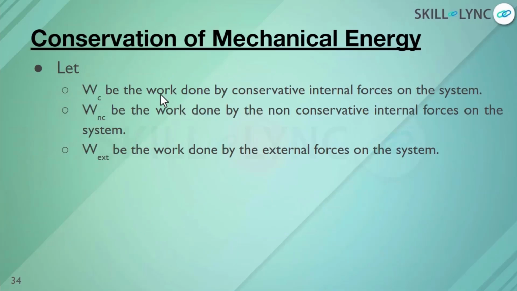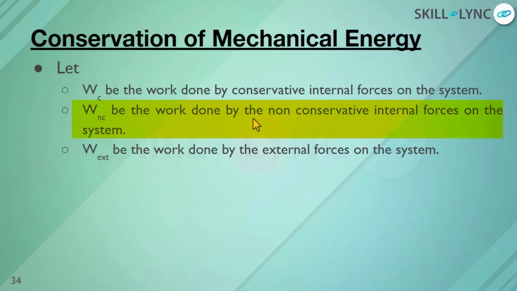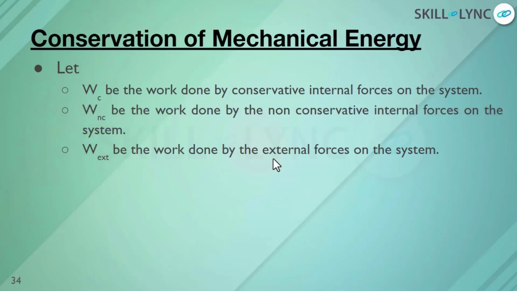Let WC be the work done by the conservative internal forces on the system. Let WNC be the work done by the non-conservative internal forces on the system. Let WEXT be the work done by the external forces on the system. Let me remind you that WC is for conservative internal forces, and WNC is for non-conservative internal forces.